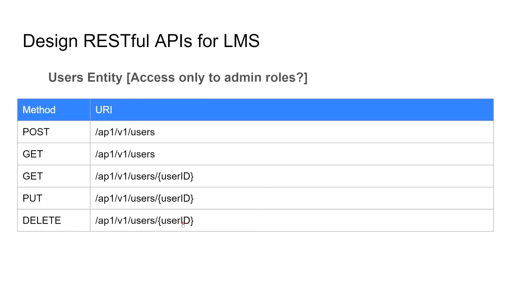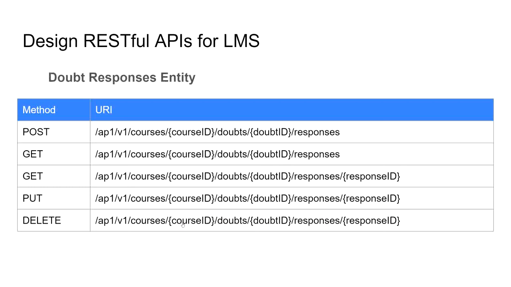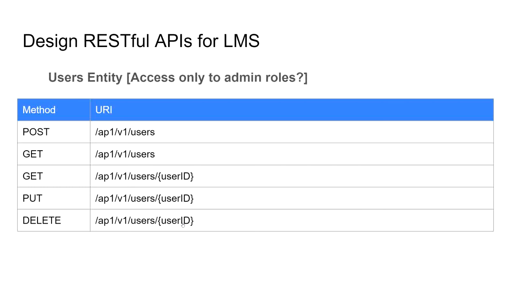And in all the above things, there are two sorts of deletes: a hard delete or a soft delete. So what do we mean by hard delete and soft delete? When somebody hits the delete API, you have two choices.